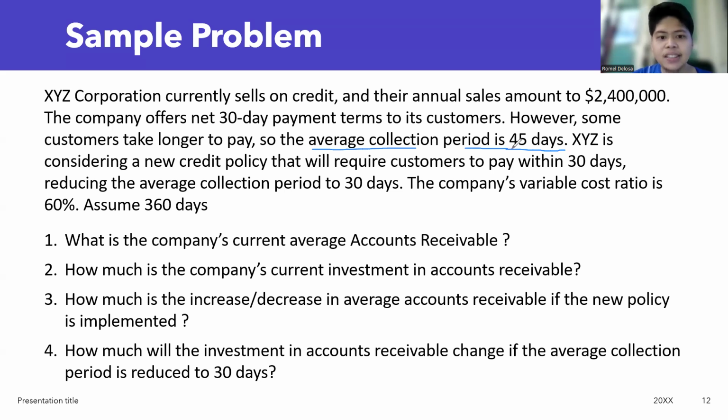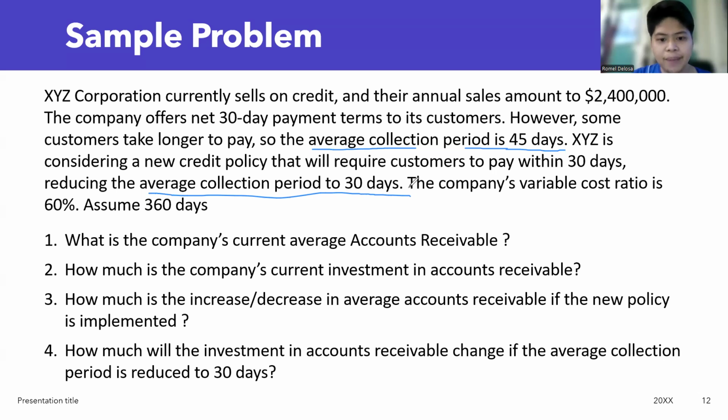So what happens in the new policy? Since they are considering a new credit policy, they will reduce the average collection period to 30 days. So ang mangyayari, yung average collection period mo from 45 days currently, if we follow the proposed policy, it will be reduced to 30 days.